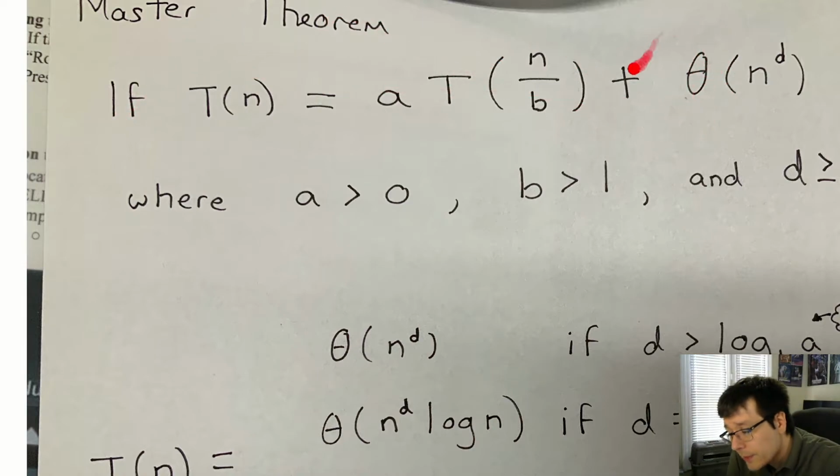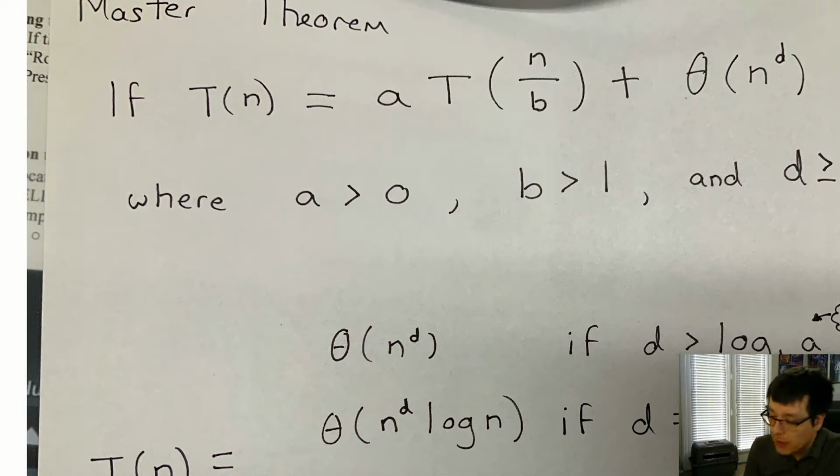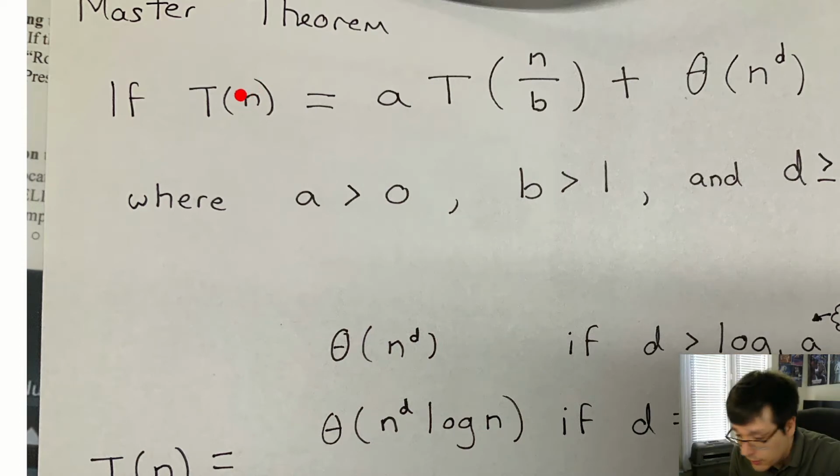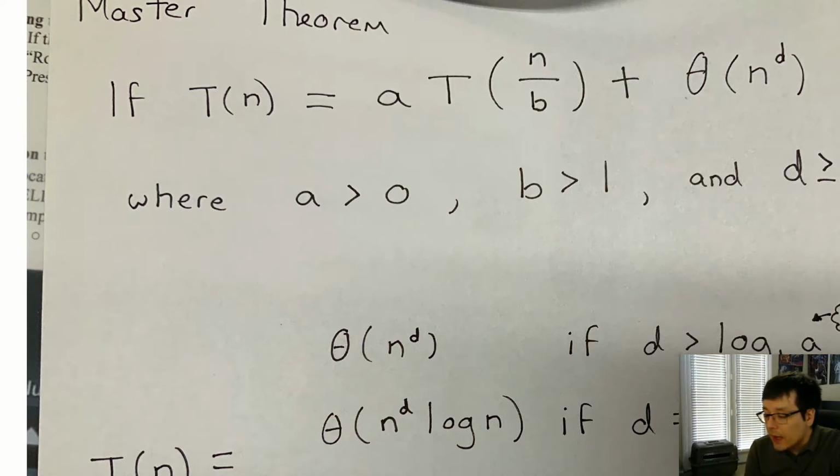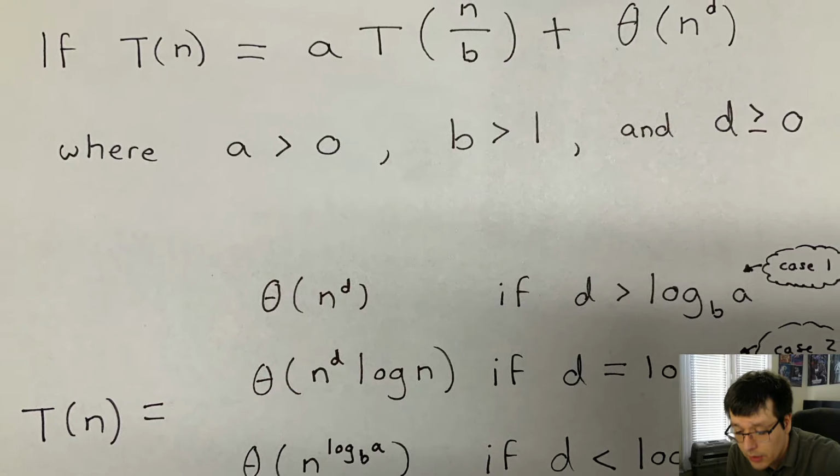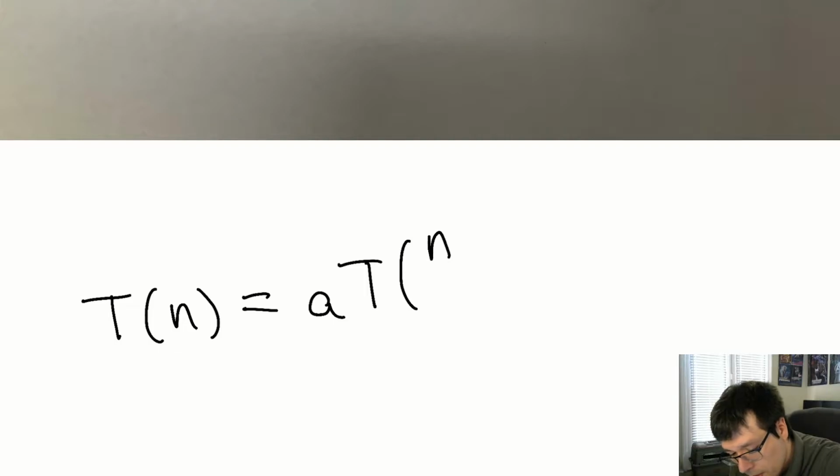The way you properly say this is the runtime of an algorithm on an input of size n is usually denoted as T of n, and can be expressed by this recurrence relation, where f of n is the time to create the solved problem. So f of n in this case is where the theta of n is. So if I put something like this in here, T of n is equal to A. Don't worry what that is, it's just some number. Oops, I don't want to put a number there, let's put another letter.